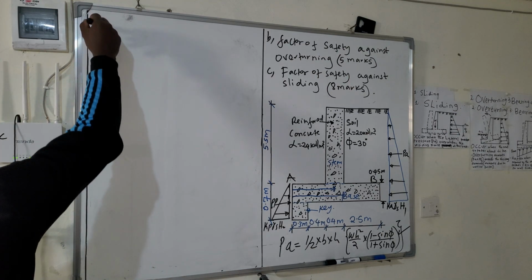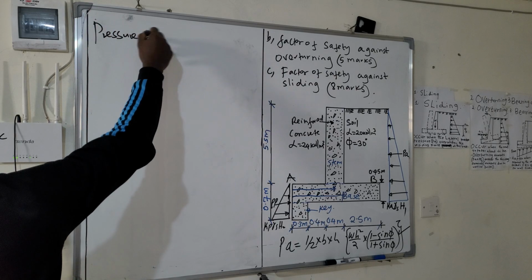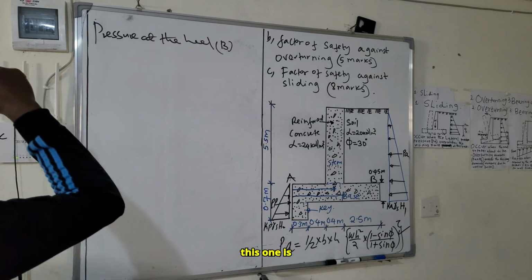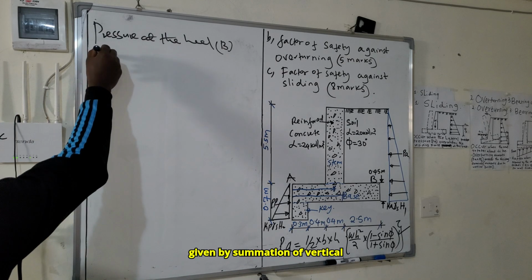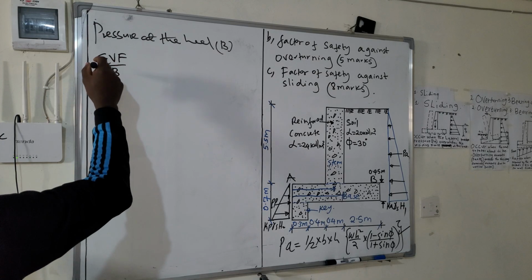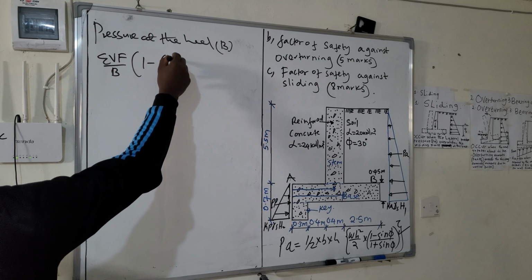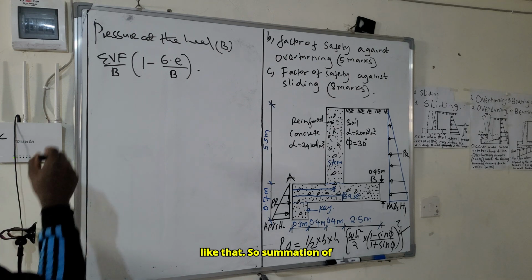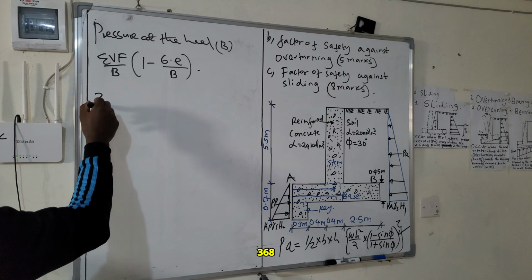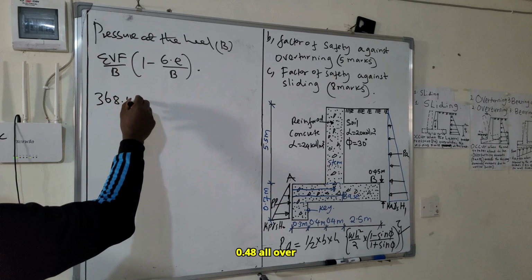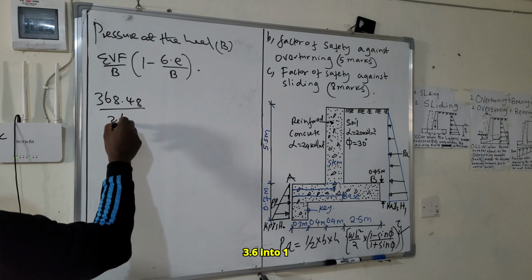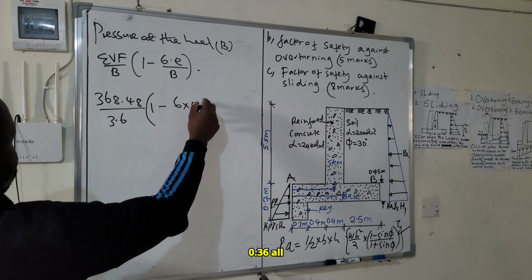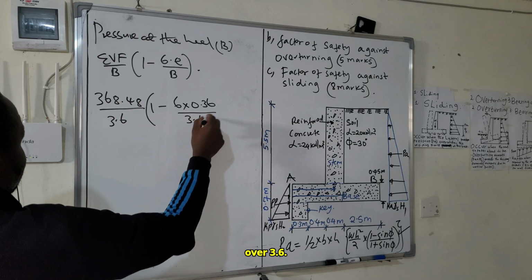So pressure at the heel, which is B, is given by summation of vertical forces all over B into 1 minus 6E over B. So summation of vertical forces is equal to 368.48 all over 3.6 into 1 minus 6 times 0.36 all over 3.6.